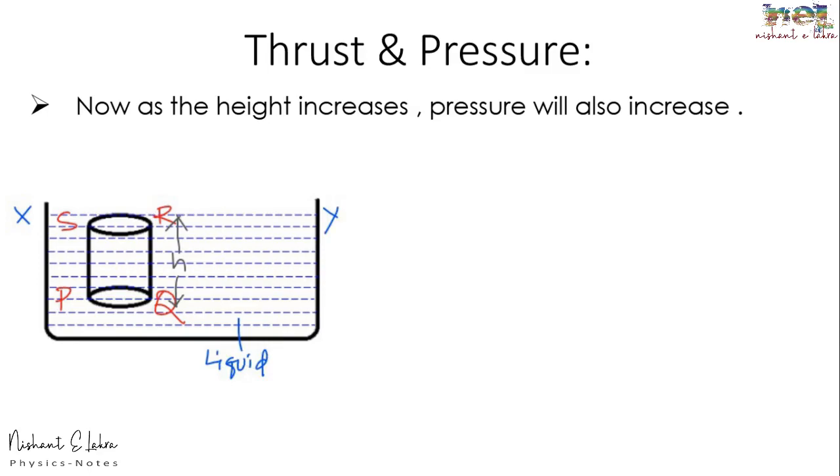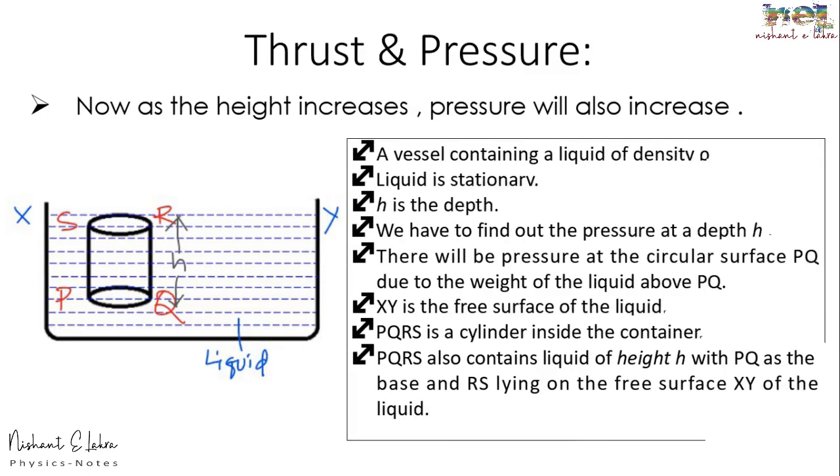On the left hand side of your screen you will see a diagram to understand it much better. Okay, let us see what this diagram represents. In this diagram you see that there's a vessel, a vessel containing a liquid of density rho. Now this liquid is stationary, it's not moving, and h is the depth. Okay, h represents the depth, and we have to find out the pressure at the depth h.